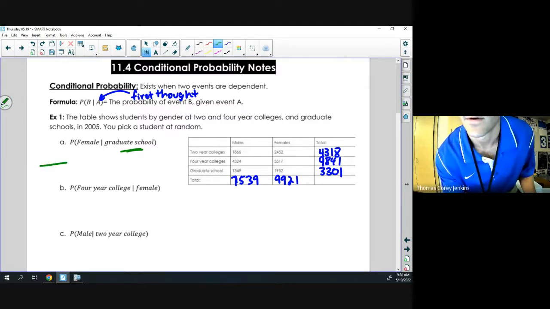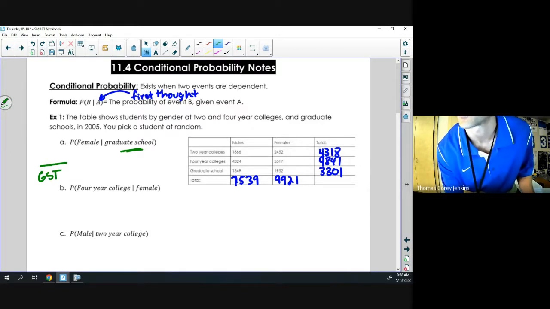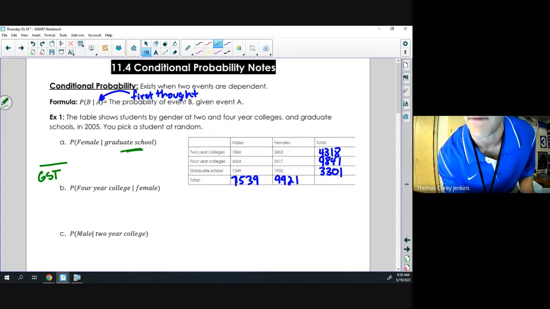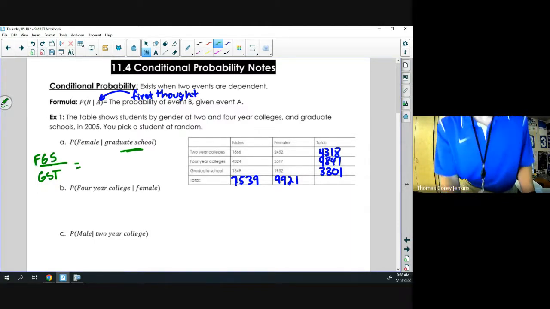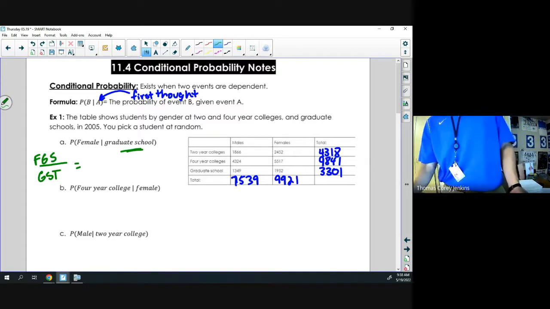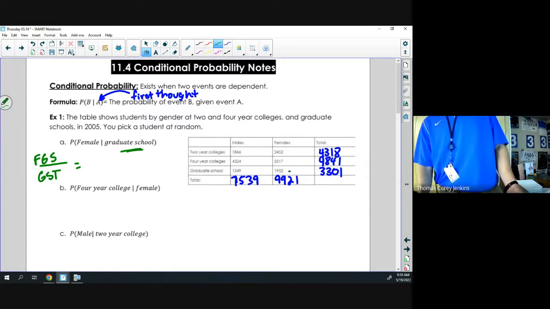So grad school total is my denominator, and female grad school students is going to be my numerator. My female grad school student number looks like 1952.